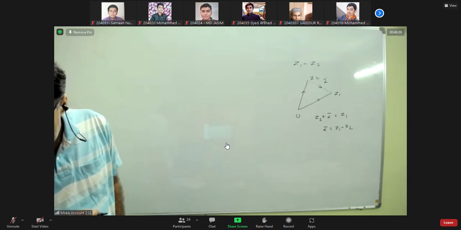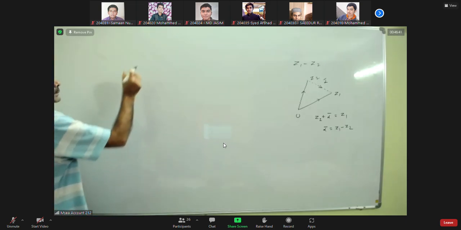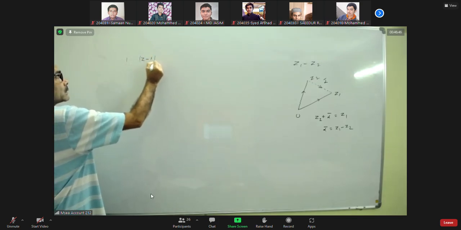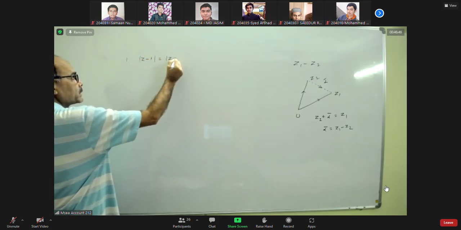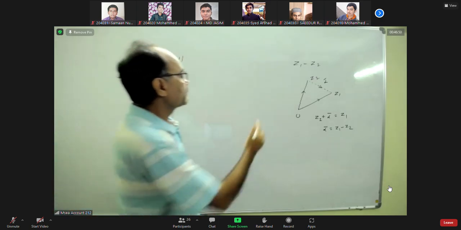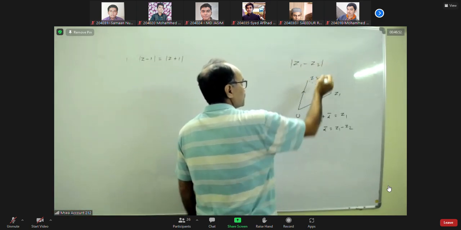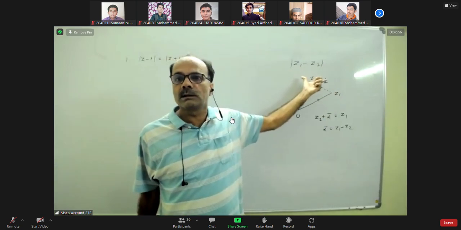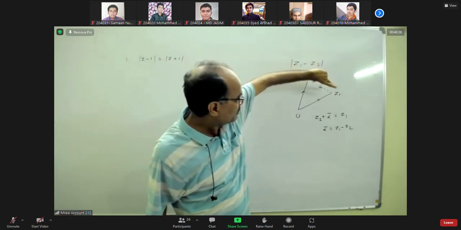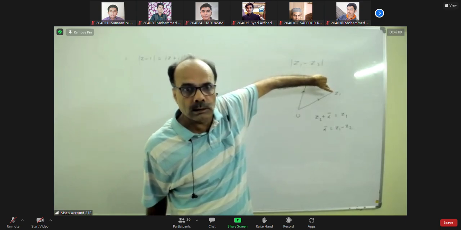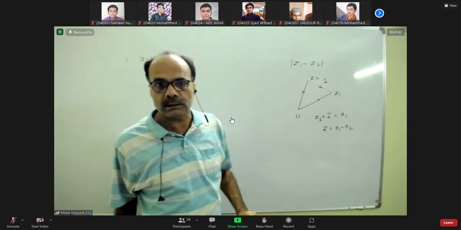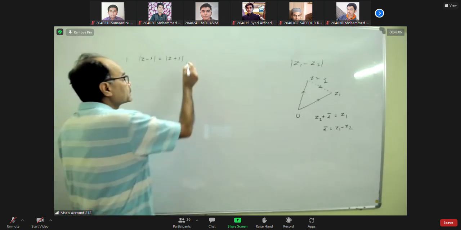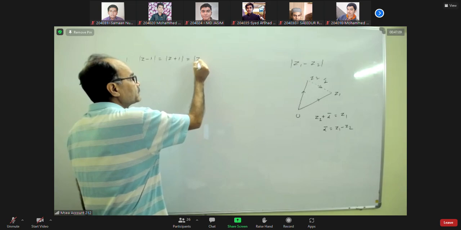Now think of this. Number 1: mod of Z minus 1 equals mod of Z plus 1. So what is the meaning of the magnitude of this? What is the meaning of mod of Z1 minus Z2? Length of that vector. Equals mod of Z minus i.